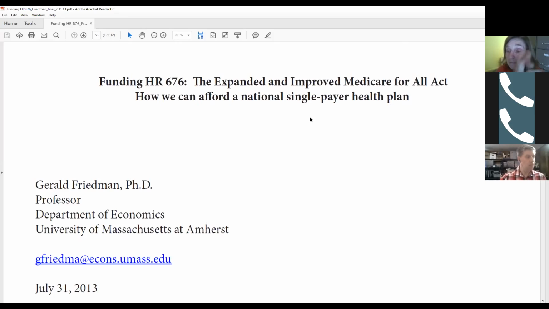So House Resolution 676 doesn't have any language in it to talk about how Medicare for All will be funded.